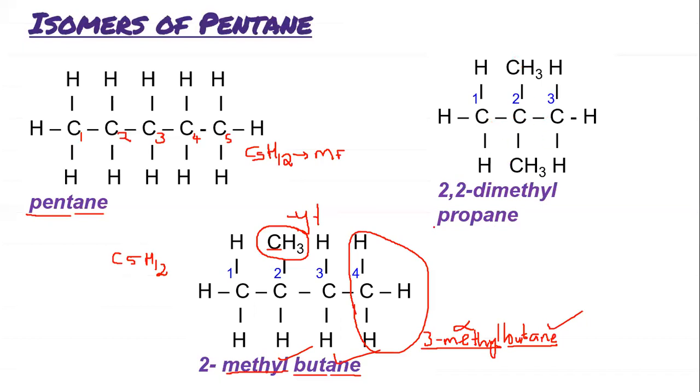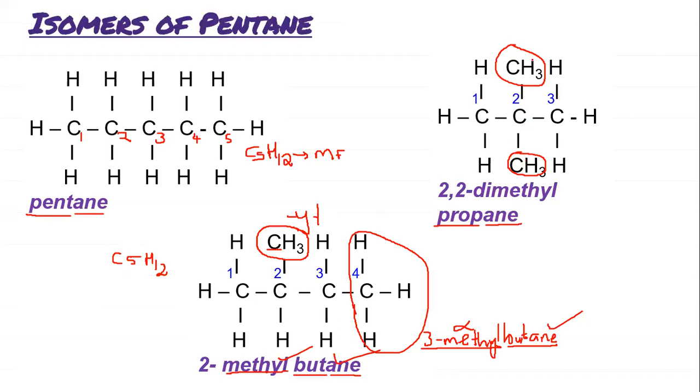So I start with the parent of 3, so it's "prop". Single bonds between carbon atoms give me an alkane, so the name will end with "ane". If this forms part of the parent chain, it means this part is a substituent and this part is a substituent. My first substituent is a methyl on carbon 2.